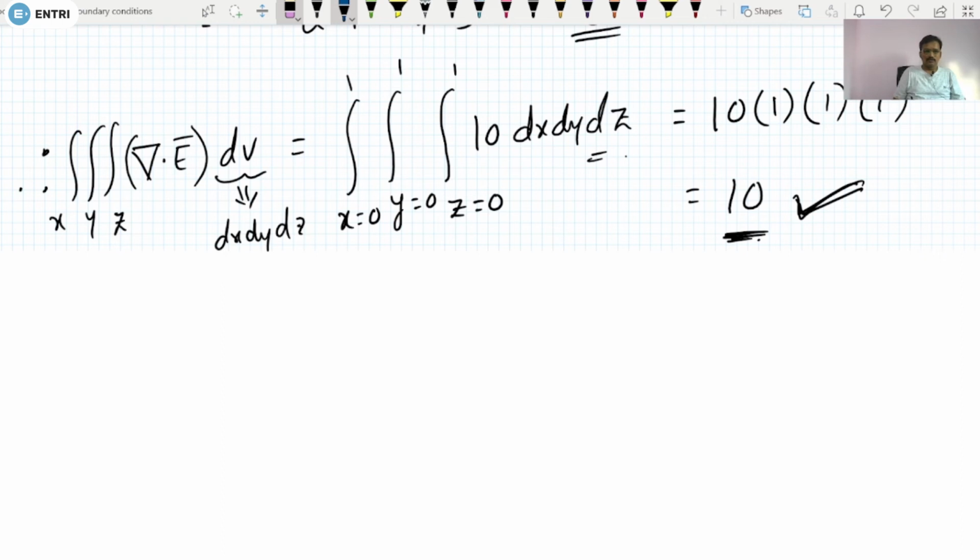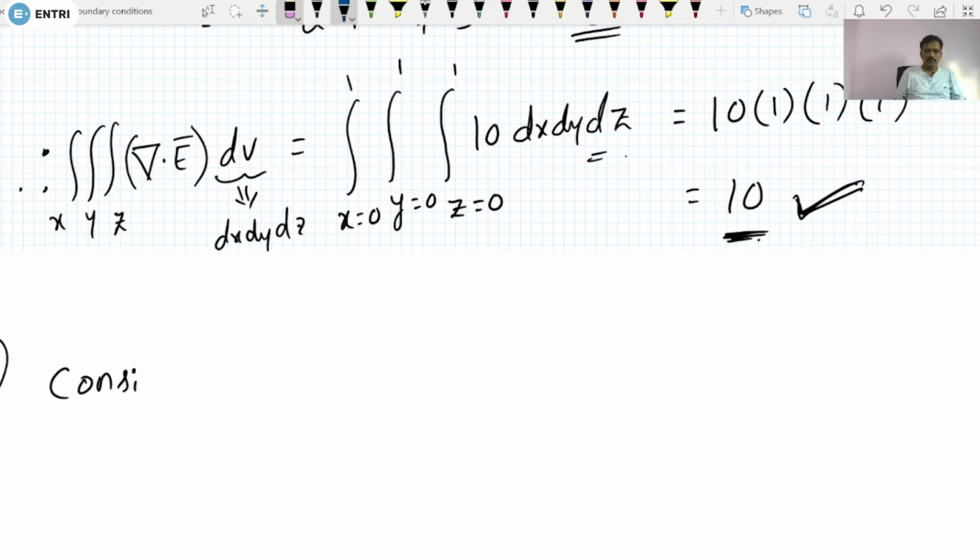Second question. Consider the magnetic field intensity.